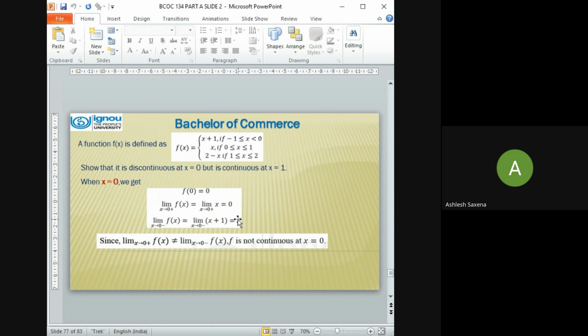You can straight away say that the limit as x tends to 0 plus is not equal to the limit as x tends to 0 minus, because these three values have to be equal. For a function to be continuous, the left hand limit should be equal to the right hand limit and should be equal to the value of the function. Your value of the function is 0, your right hand limit is 0, but your left hand limit is 1. That means it is discontinuous at x equal to 0.